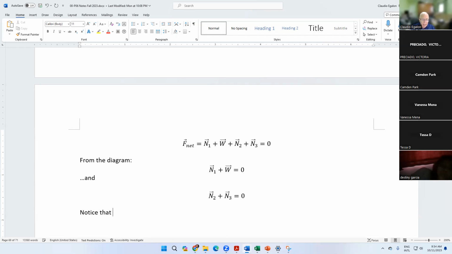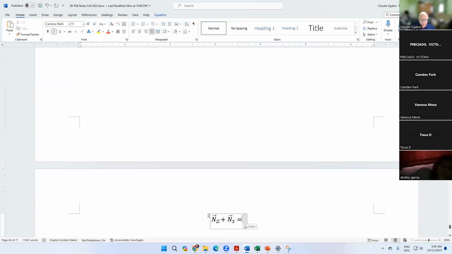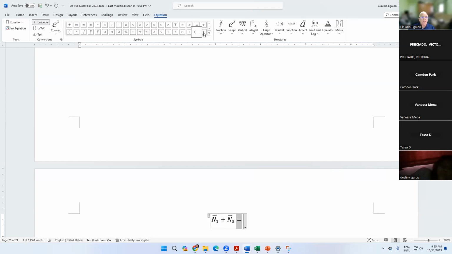Note, see that there's a reason why I wrote the formula in this way. Note, see that N1 plus N3 is not equal to 0. It's different from 0. Why is it different from 0, right?